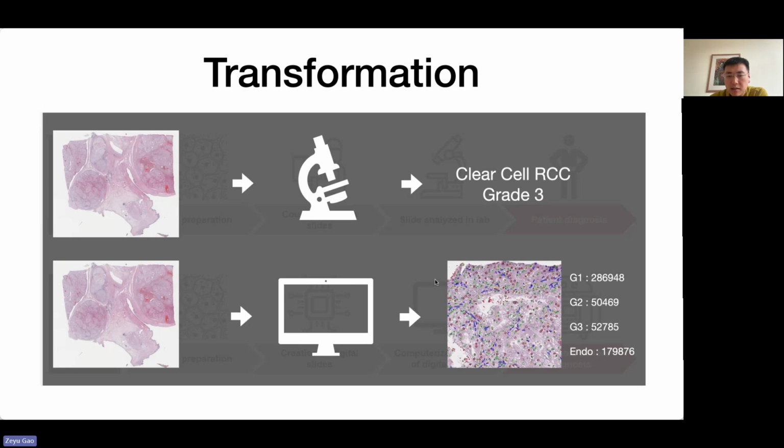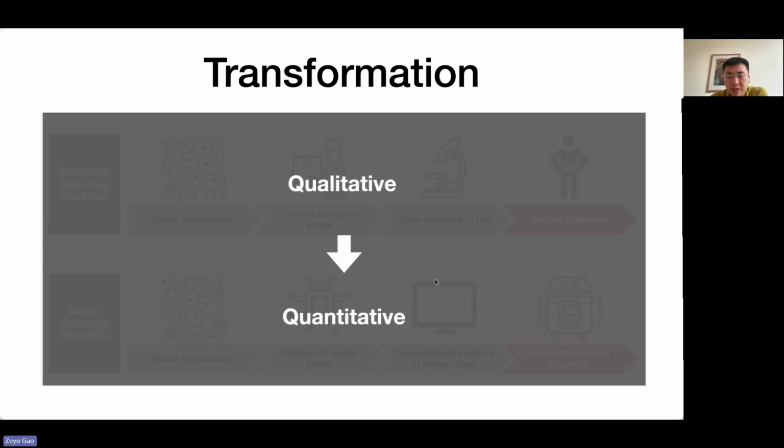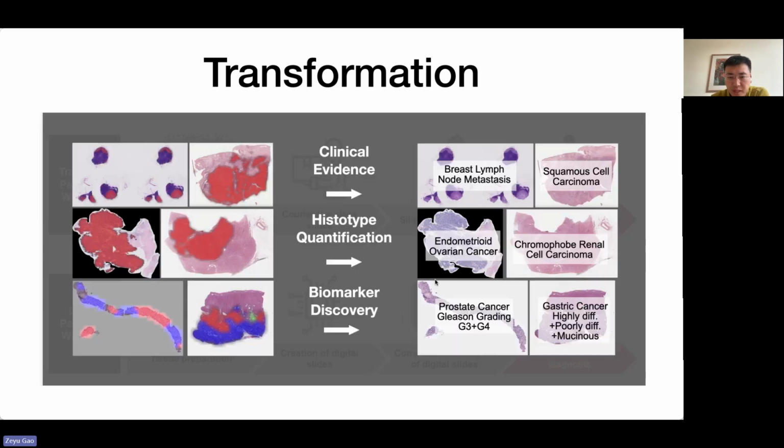Another example is nuclear counting: pathologists can only do nuclear grading based on several typical regions of interest, but with computational pathology, you can count all the cells and the number of each cell grade. So basically the change is from qualitative analysis to quantitative analysis based on computational tools.